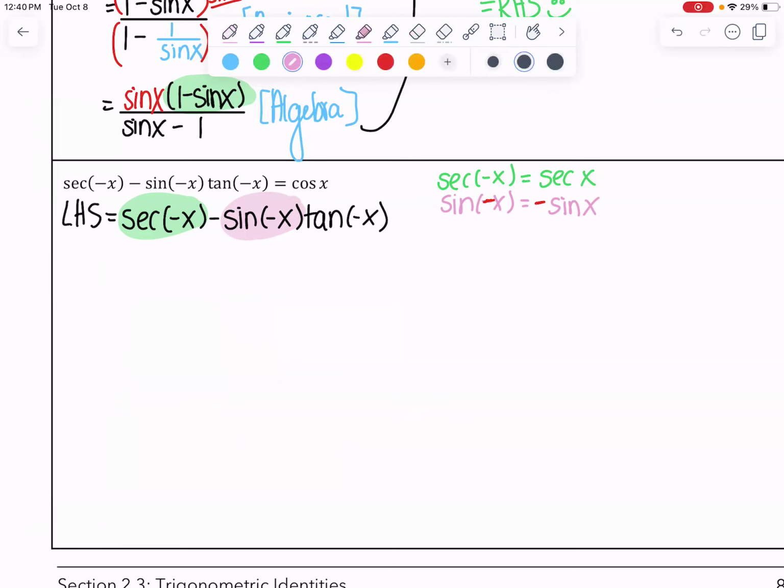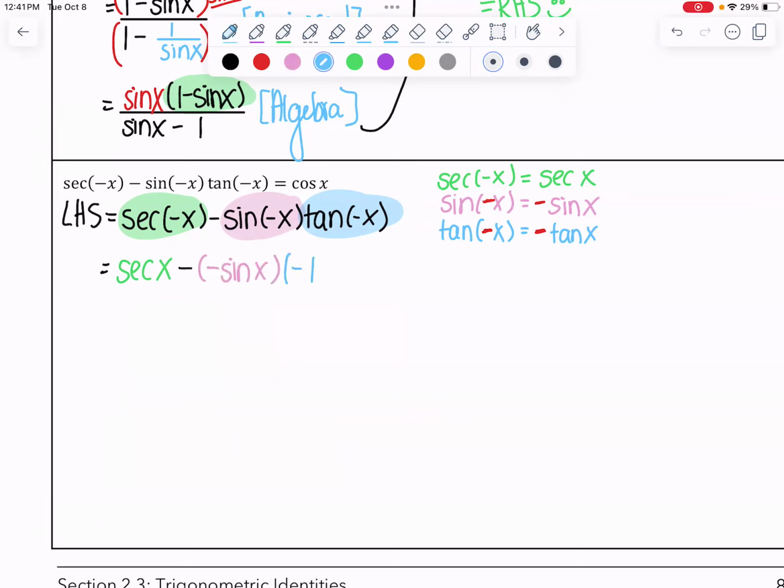And same darn thing with tangent. Tangent of negative x is equal to negative tangent of positive x. I'm going to make all those replacements. So I have secant of negative x becomes secant of x, minus, this is negative sine of x.